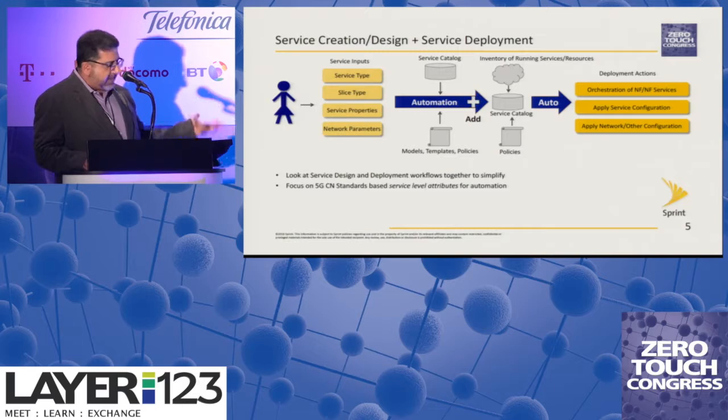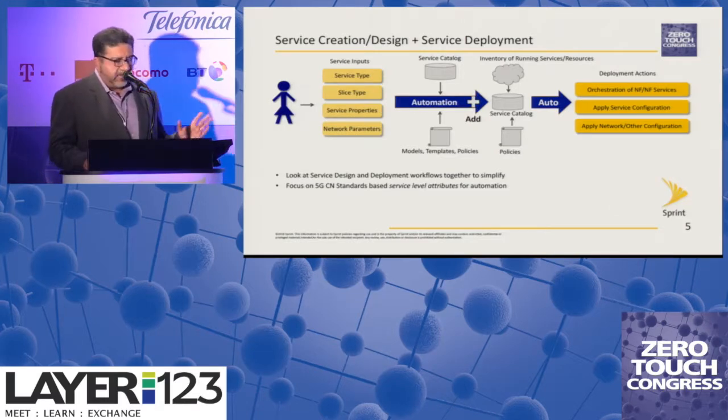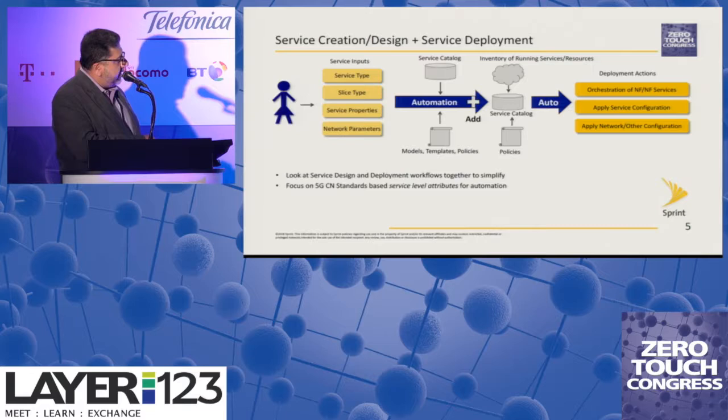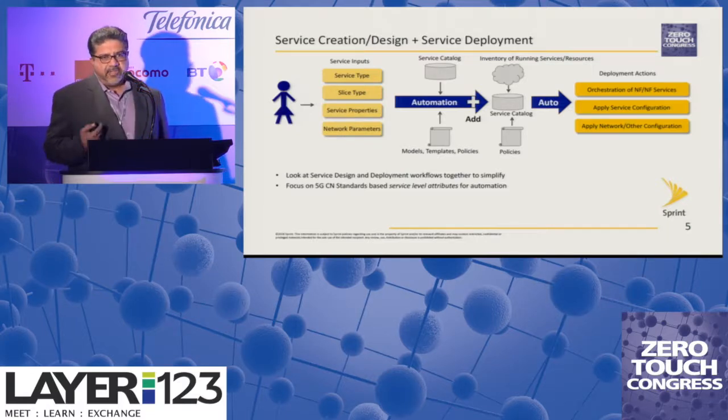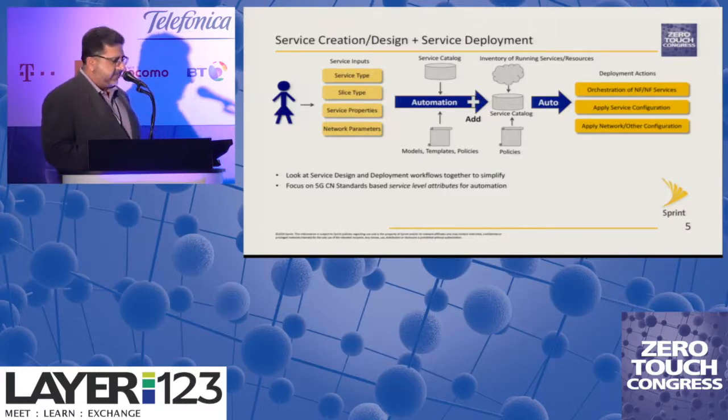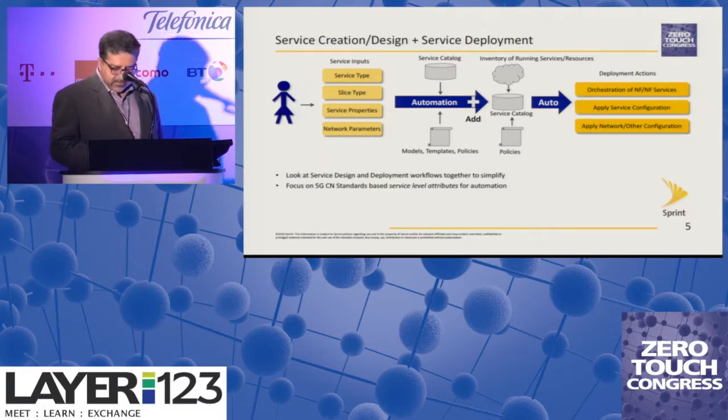And like I think what I had in the previous slide, the hard part is, when you go from a set of inputs into the automation engine, into the service catalog, how do you generate a set of machine-readable artifacts that are still open, interoperable across many vendors, VNFs, and all that? And that's definitely one of the challenges.